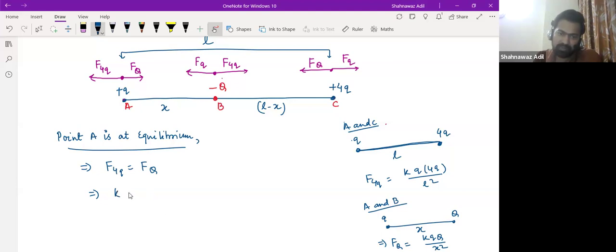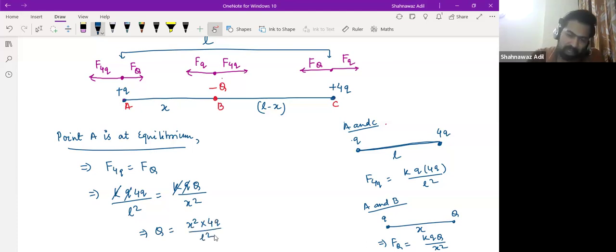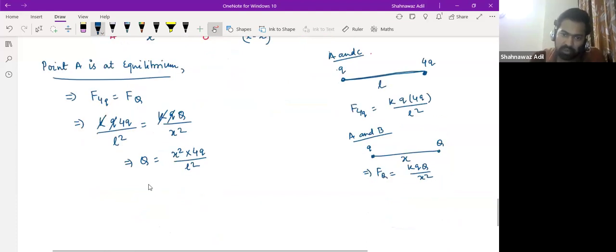So let's put these values. This is K Q 4Q divided by L square, and this is K Q Q by X square. So Q and Q cancel, K and K cancel. So Q is X square into 4Q divided by L square. What was the value of X? We have already calculated it: L by 3.